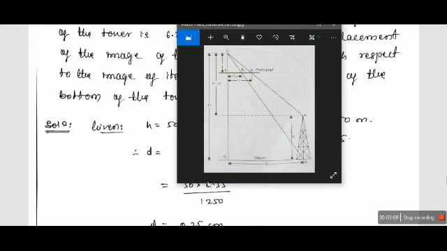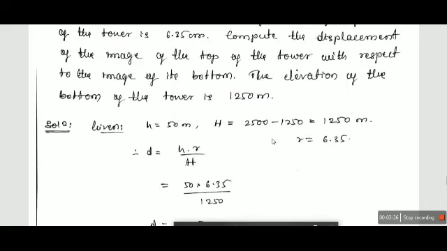So the actual total height is 2500, but for calculation of d you have to take the bottom of the object. Total height minus 1250 gives capital H, which is 1250 meters above the bottom of the tower.